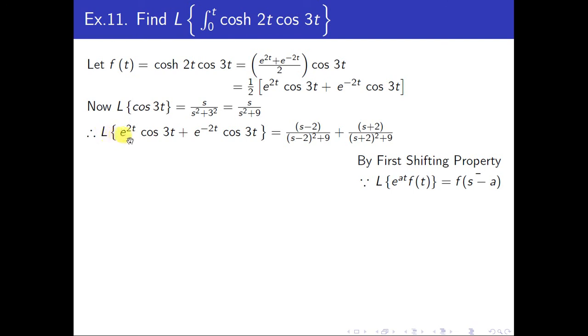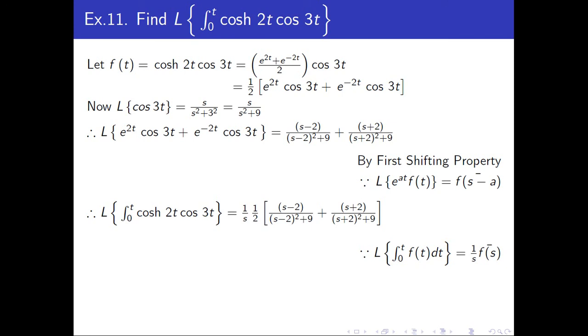Laplace transform of e raised to 2t cos of 3t plus e raised to minus 2t cos of 3t is equal to the Laplace transform of cos 3t, where s will be replaced in the first term by s minus 2, and in the second term by s plus 2, by the first shifting property. Hence, the Laplace transform of these terms will be s minus 2 by s minus 2 the whole square plus 9, plus s plus 2 by s plus 2 the whole square plus 9, by first shifting property.